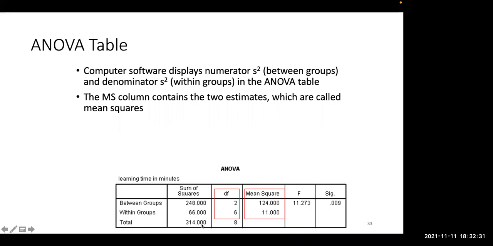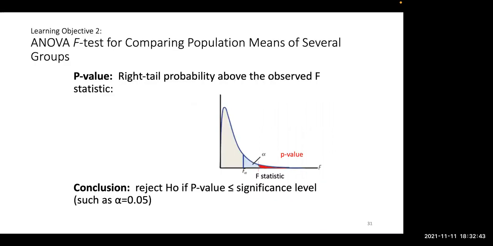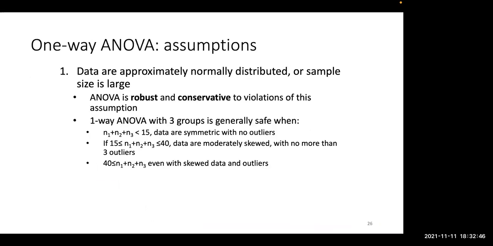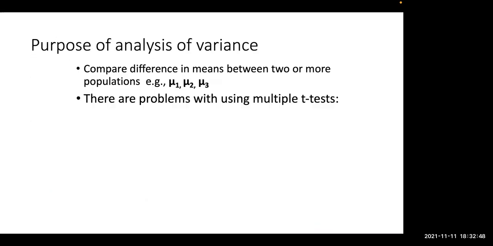Within the groups, you have essentially 9 entries, and you can drop one from each group. So here's the data: 11, 16, 9, 13, 8, 9, 18, 23, and 25. That's 3, 6, 9 entries, and we subtract the 3 groups, because for each group we can drop 1.